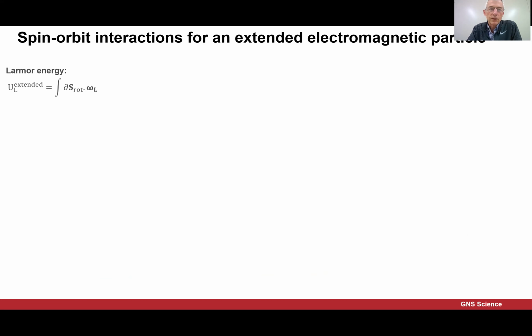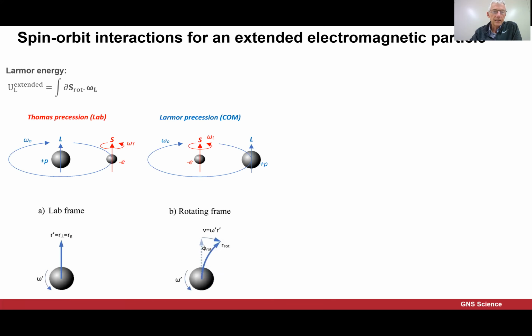So the way it's done is we want to consider the spin vector and the precession vector at different radii as it extends out from the charge, and we want to integrate those over all space to end up with the Larmor energy interaction for an extended electromagnetic particle. As I've already intimated, in the lab frame of reference, the electric fields are radial and straight.